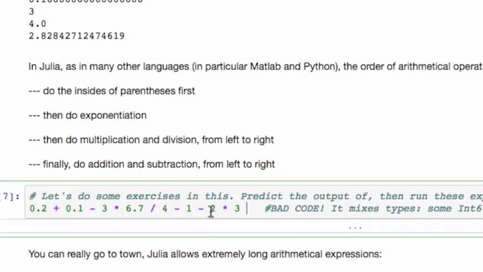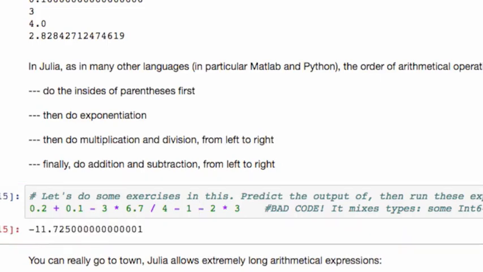Here we have 2 times 3. So this comes out to about 5, and this comes to 6, so we have 0.1 plus 0.2 is 0.3 minus 5, which is about 4.7 minus 1, which is about 5.7 minus 6, so it should be roughly minus 12, which it is.